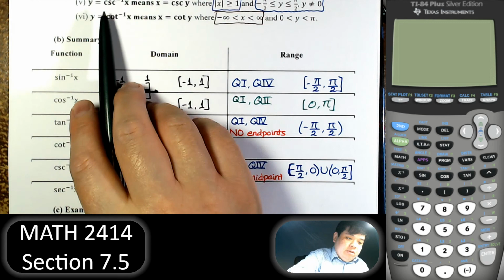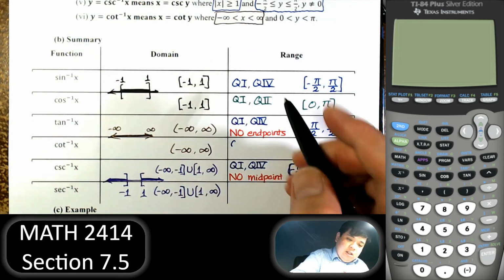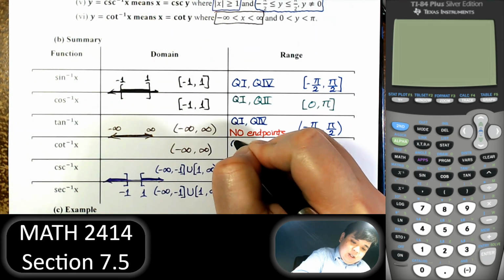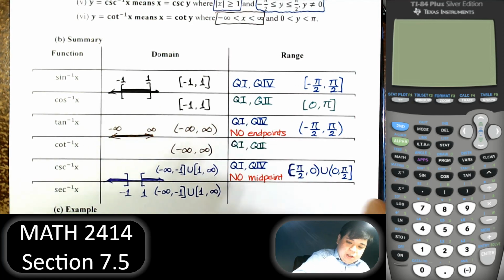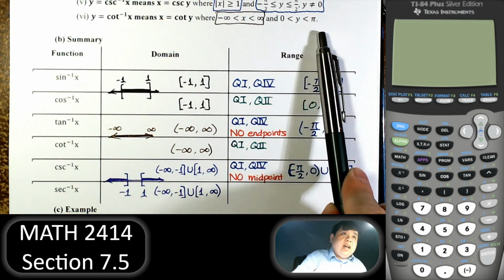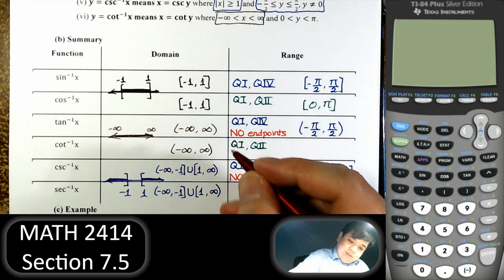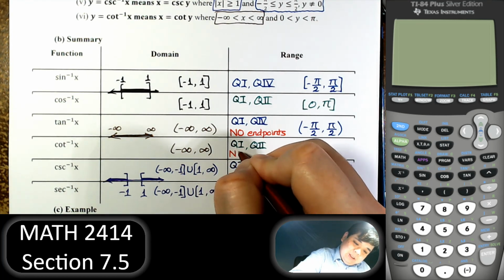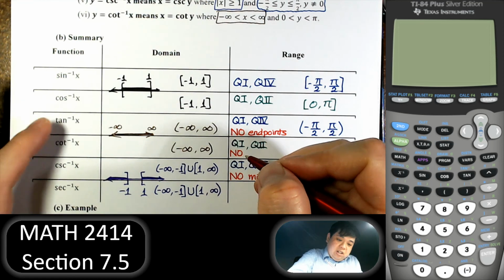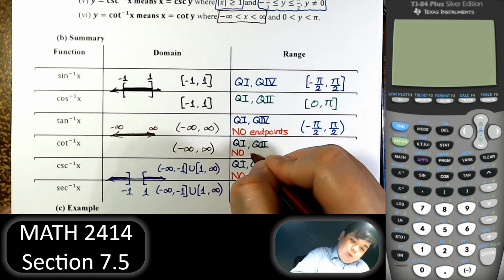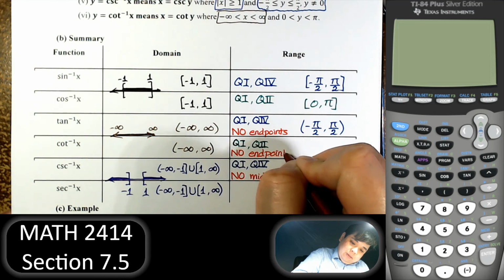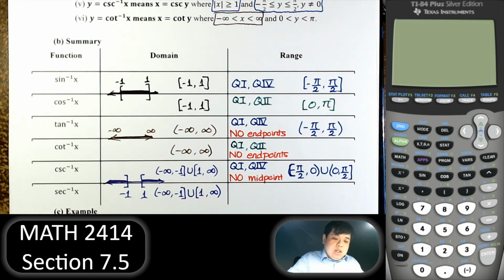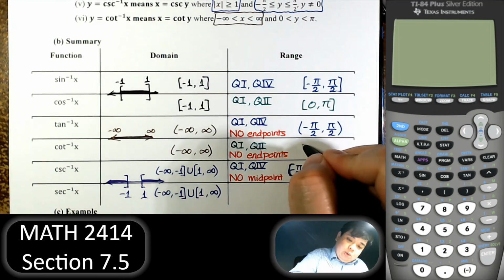And cotangent inverse also in quadrant 1 and quadrant 2, but there's no endpoint. So tangent and cotangent inverse do not have the endpoints. So it'll be just like this, but no endpoints.